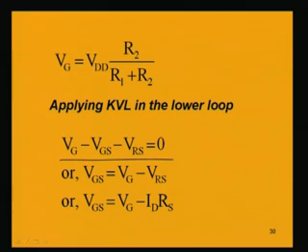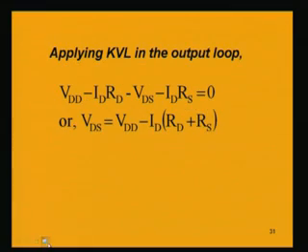We can simplify it further by writing Vgs equal to Vg minus Vrs, or Vgs equal to Vg minus ID into Rs. The drop across this Rs is nothing but ID into Rs.